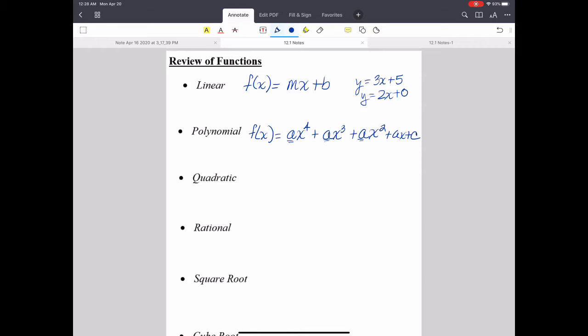But you can have that, whereas a quadratic function is going to take the form of what we were doing before, which is ax squared plus bx plus c. So the highest degree of a quadratic function is only going to be the x squared, whereas a polynomial function can have any degree to it. The other thing too is the coefficients. You want those to be real numbers.